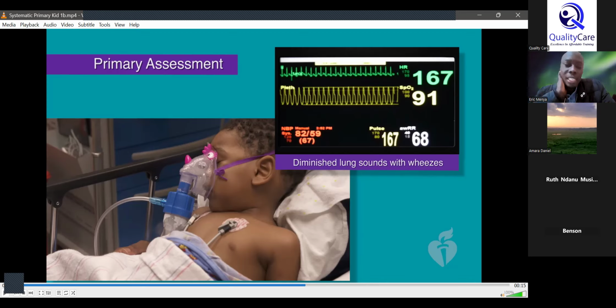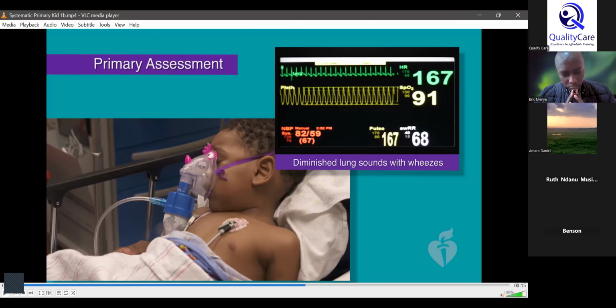Identify, what are you dealing with? Respiratory, circulatory, or an arrhythmia? Respiratory compromise. So is it distress or failure? It's respiratory distress. Why do you say distress?